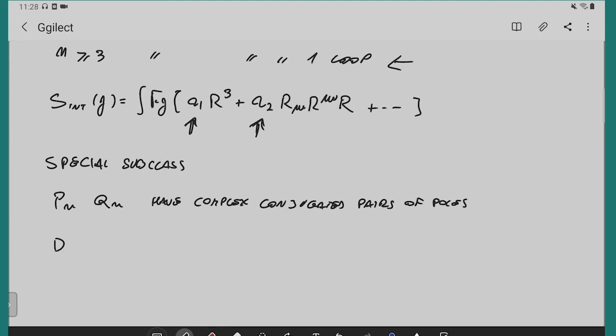But these complex conjugated poles mean that you have the scalar part of the propagator, if you want, which is the one that encodes all the poles. It's something like this.